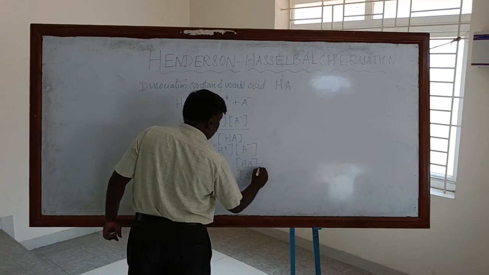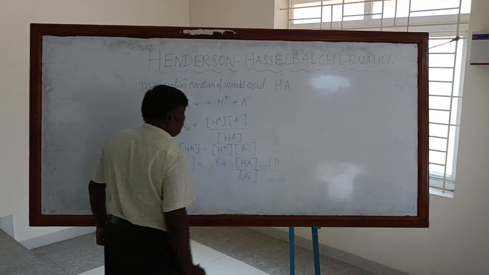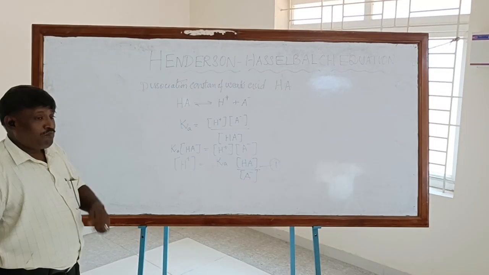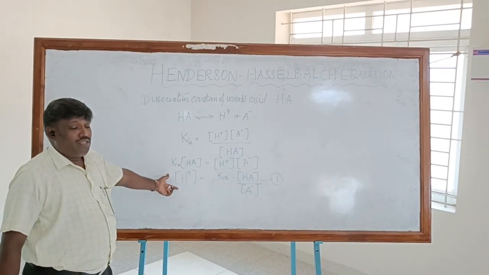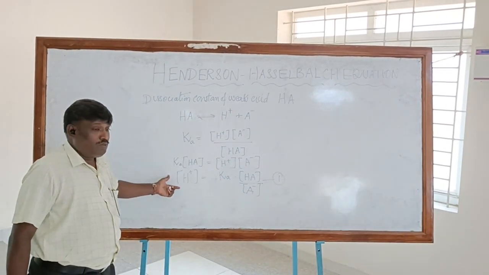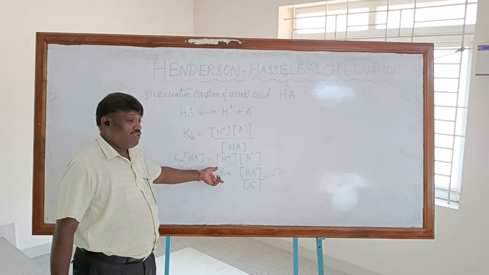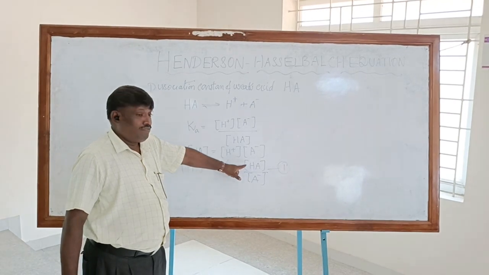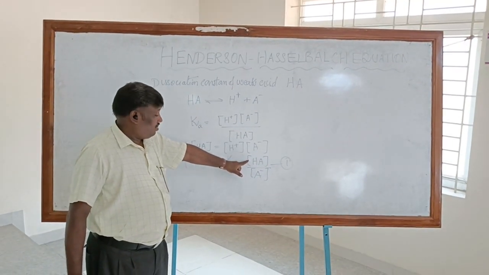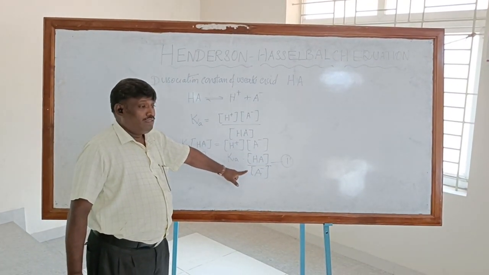So do this as equation number 1. So we have found the concentration of the H plus ion is equal to the dissociation constant multiplied by concentration of the weak acid divided by the salt.